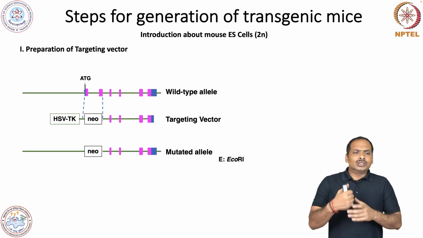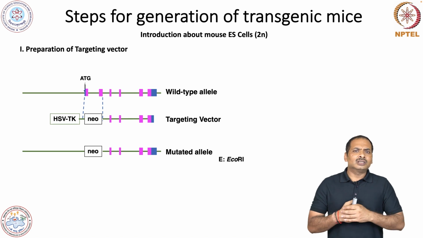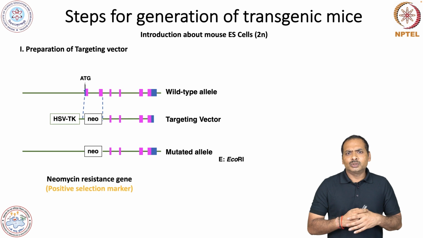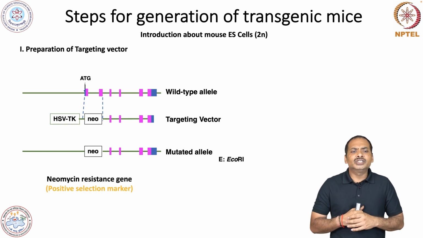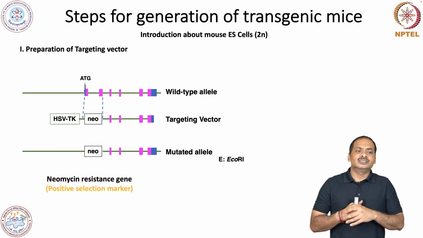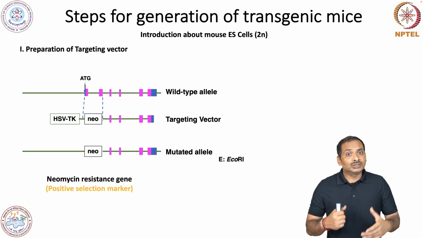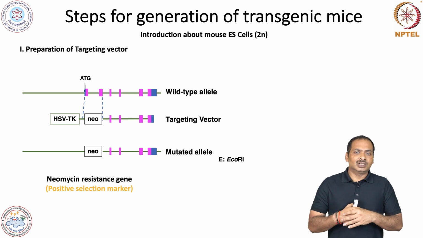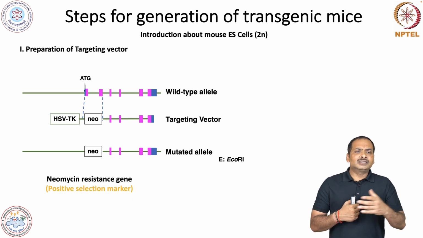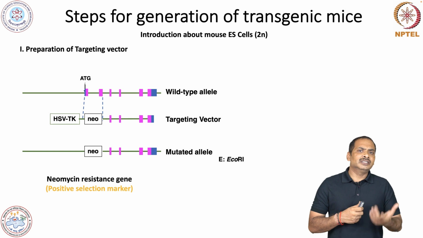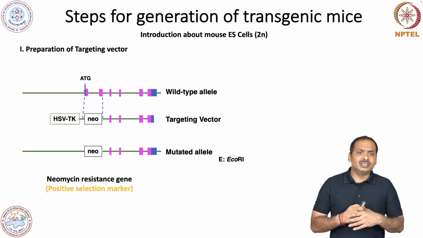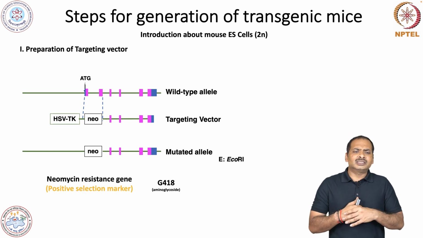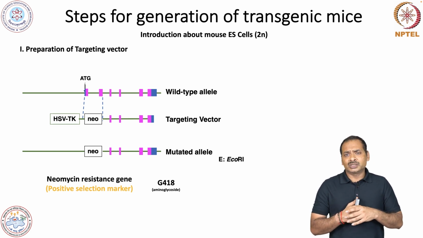Now I will tell you about the various components of this targeting vector. First, I will tell you about the NEO. NEO is basically the neomycin resistance gene and it is a positive selection marker. I will tell you what positive and negative selection markers are after a while. This neomycin resistance needs a drug which we call G418. It's nothing special, it's a simple aminoglycoside.